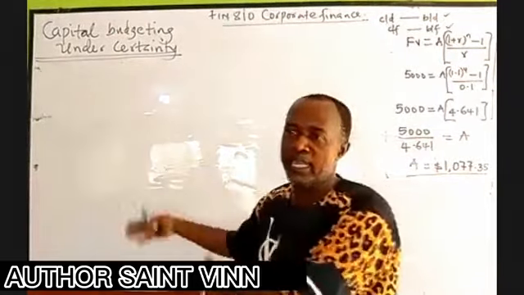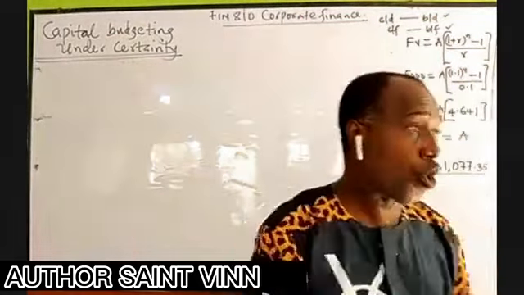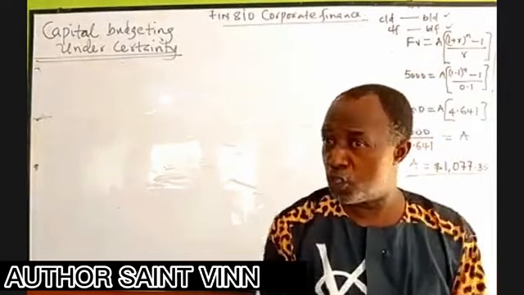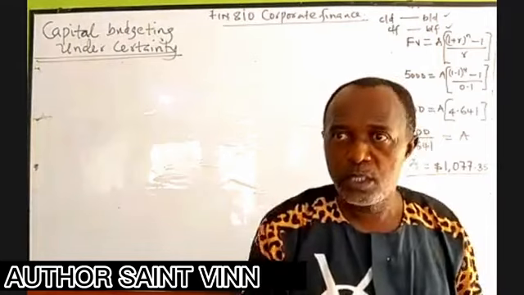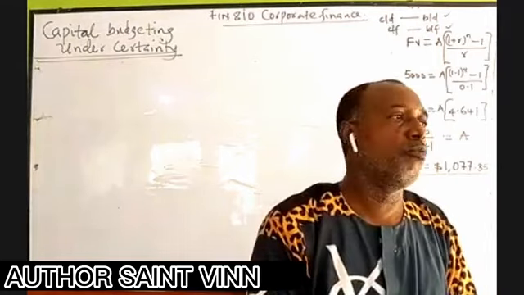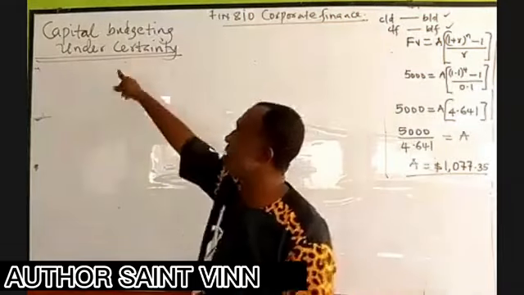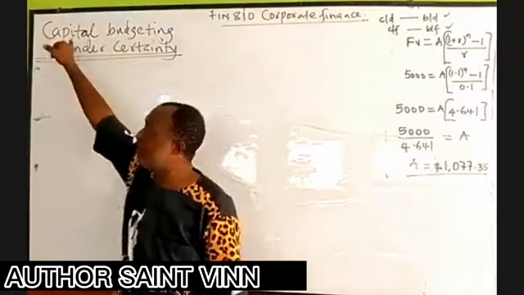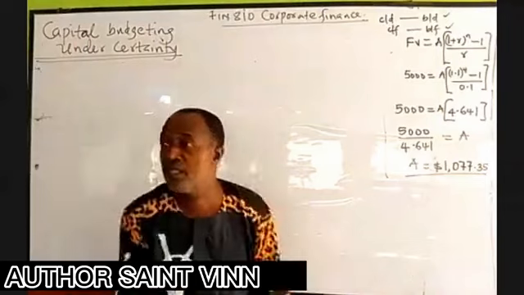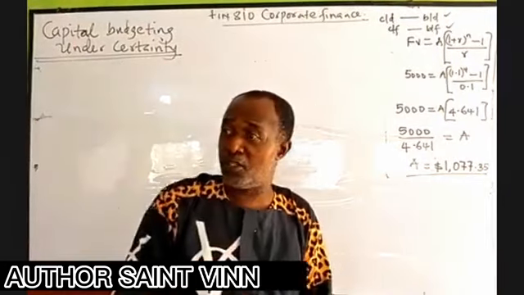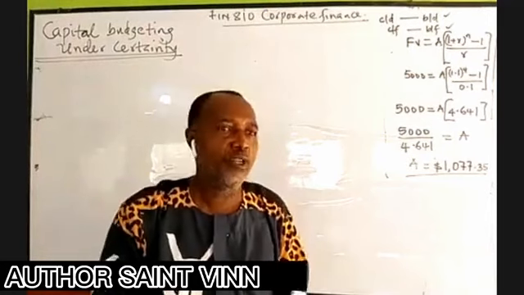But we have to look at certainty first. Certainty means you are sure of what is going to happen. There's no inflation. There's no risk. You are so convinced of what is going to happen. In short, from that heading, capital budget: capital is fund, it's the resources, and somebody needs to plan about that. That's the budget.